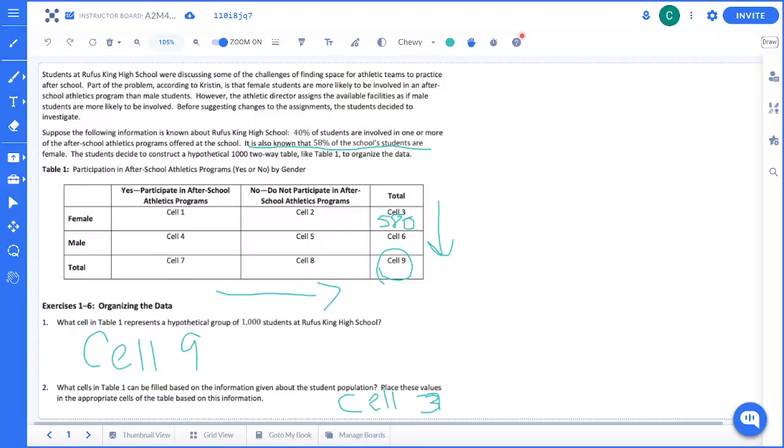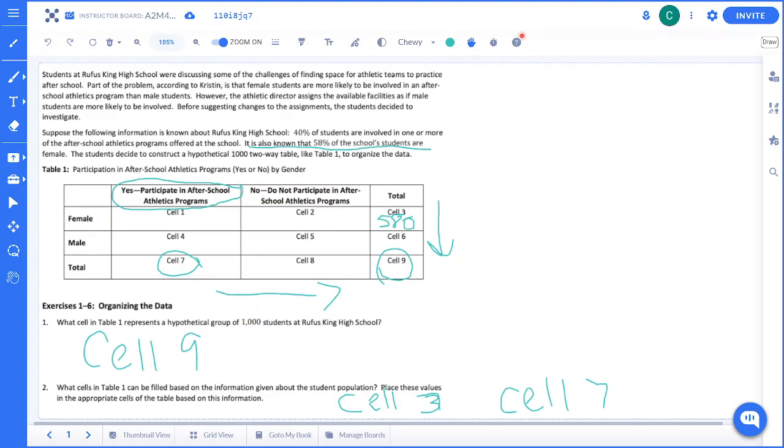What else do we know? We know that 40% of the students are involved in one or more of the after-school athletic programs. Okay, so that is going to be 40%, and that would be here. This category is involved in after-school program, which means cell 7 can be filled in.